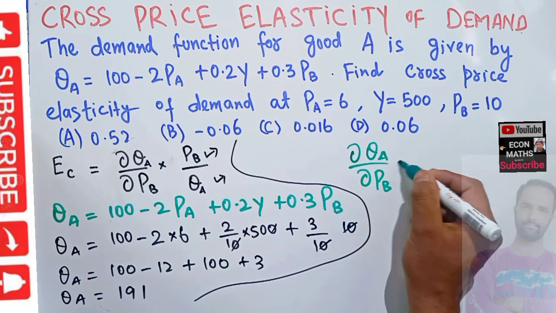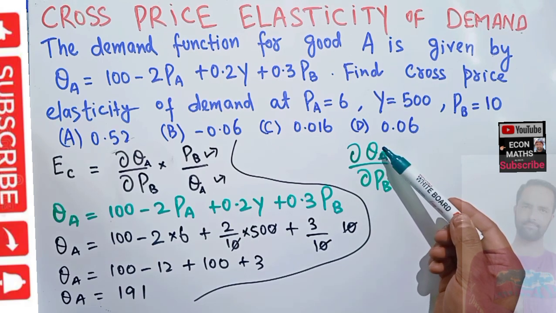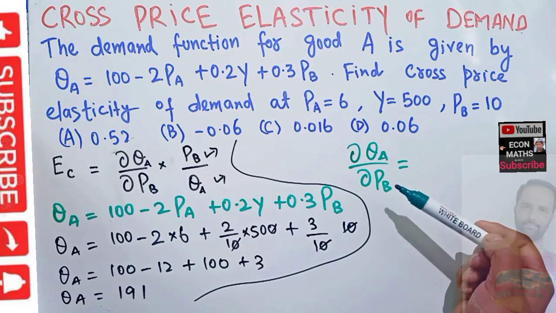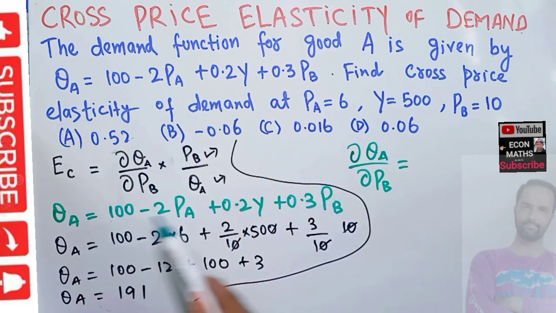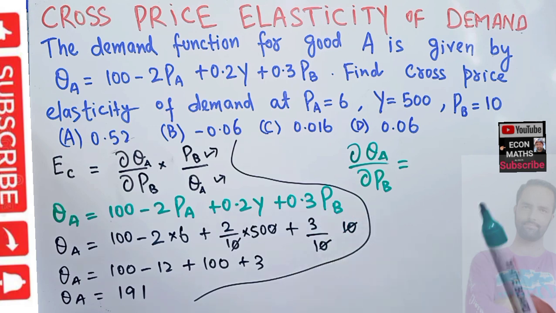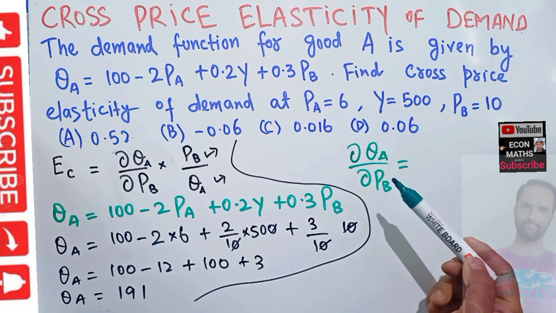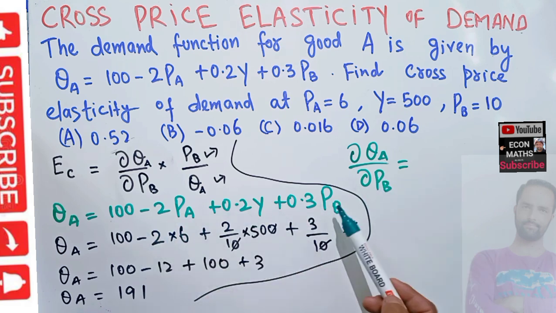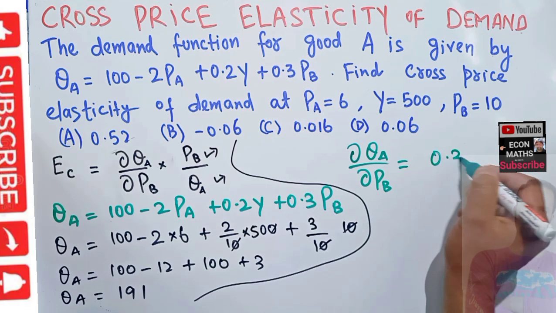We are trying to find out the change in quantity demanded of good A with respect to the change in the price of good B. Given this demand function, we take partials with respect to the price of good B. PB is only in the last term. The derivative of PB will be equal to 1, so we will be left with 0.3.